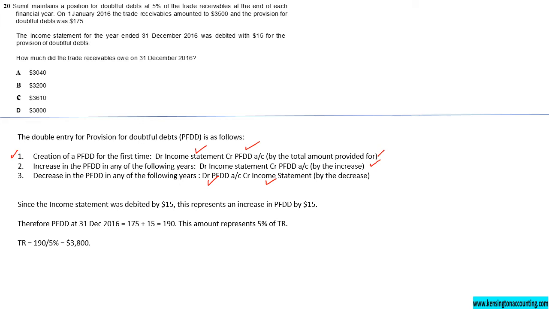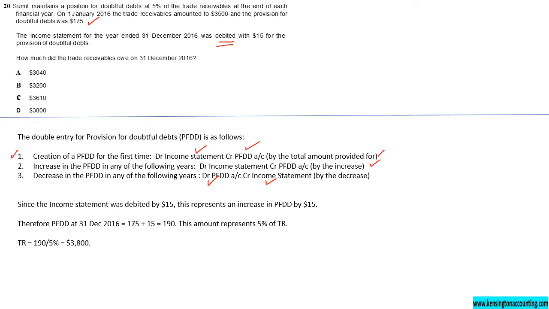Now coming back to our question, in the beginning the business has an opening balance of 175, which is 5% of trade receivables of 3,500, and at the end of the year it says the income statement was debited. Because the income statement was debited, the company is making provision for additional loss, therefore the balance has increased.